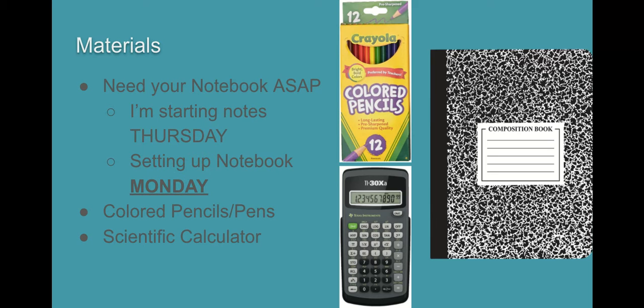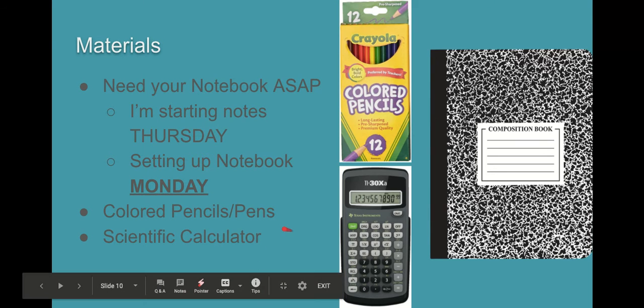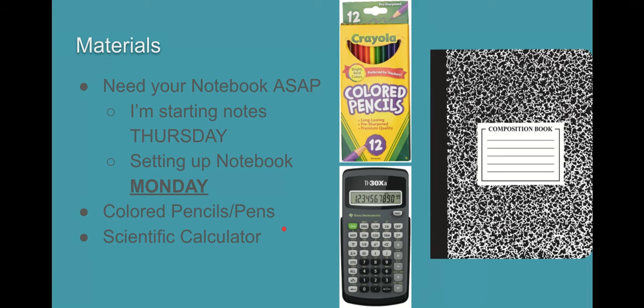I also ask you guys to get colored pencils or pens. I don't care if you're not a colored pencil person but you can use colored pens, that's fine, or vice versa. But you will need some sort of color distinguishment in your notebook, okay? We're going to deal with lots of different categorizations. We're going to be dealing with abstract concepts, like I said. So being able to color code even your periodic table is going to be very important.